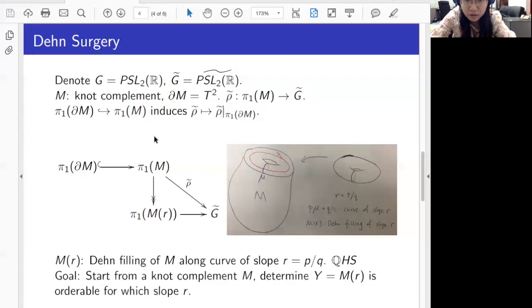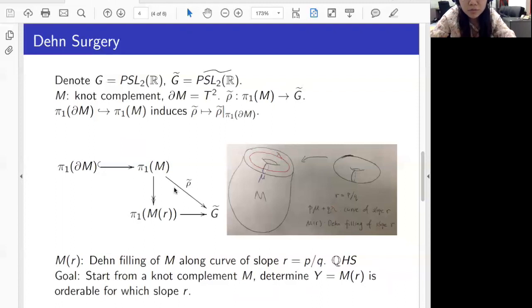And there is a kernel of this quotient map, which is generated by the curve of slope R on the boundary. And we need to make sure that this kernel is mapped to the identity under the representation rho tilde, so that rho tilde can induce a representation of the Dehn filling.